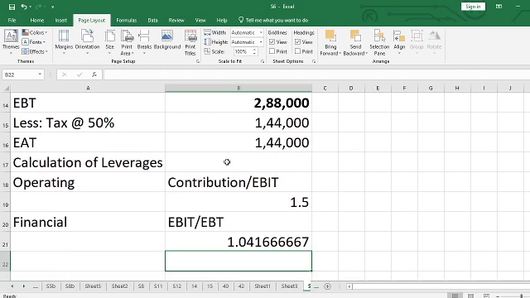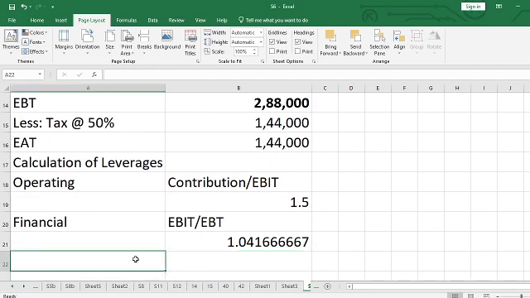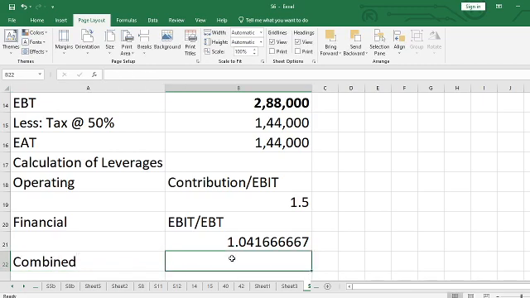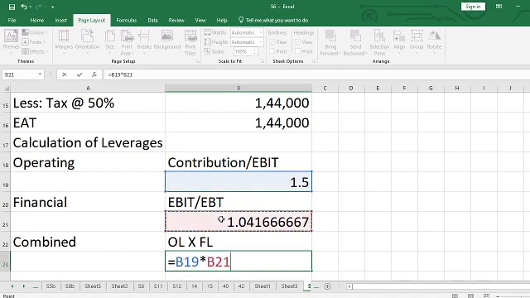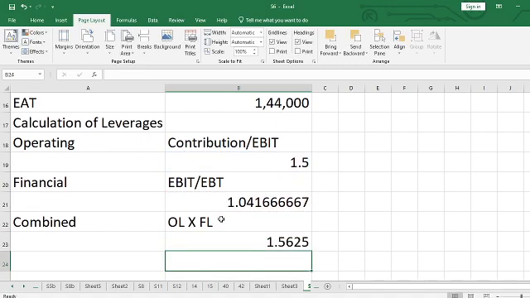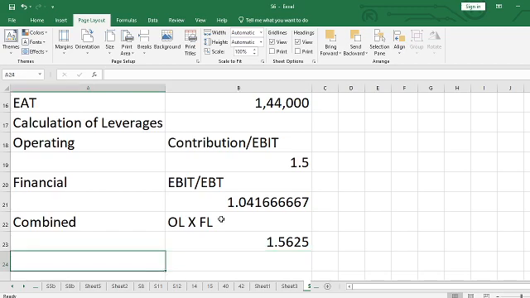That will give you 1.04. And finally, the combined leverage. The formula is operating leverage multiplied by financial leverage. So we can multiply the two leverages here, 1.5 into 1.04. That will give you 1.056.